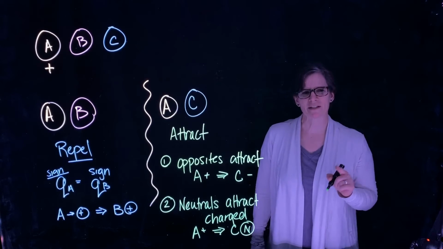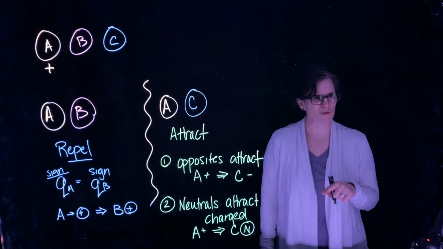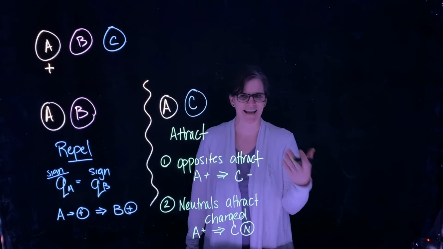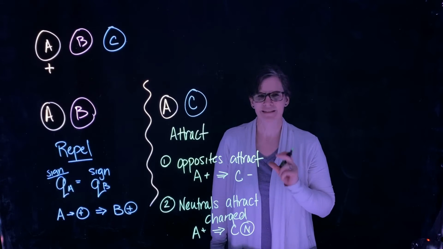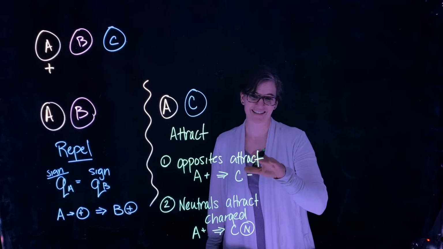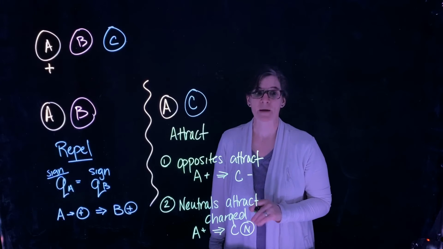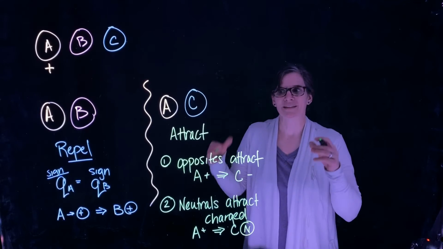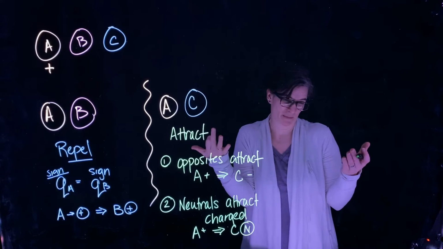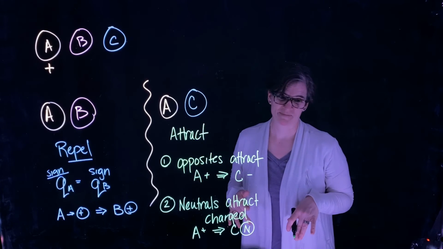So under both conditions, whether C was negative or C was neutral, it would attract to particle A as shown in the experiment. So I can't distinguish between whether it's negative or neutral. But I do know it's not positive. Why do I know it's not positive? Well, if C was positive and A was positive, they would repel.